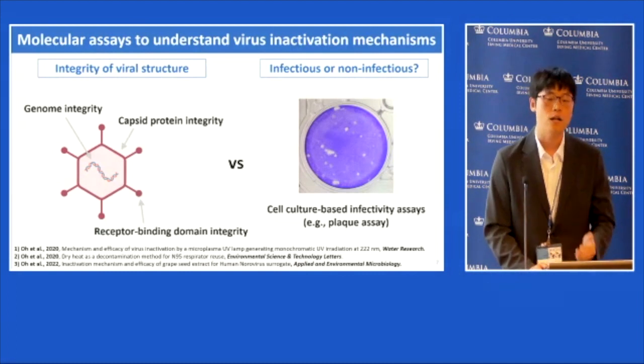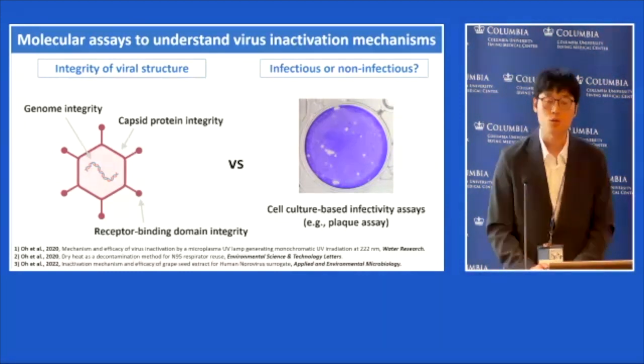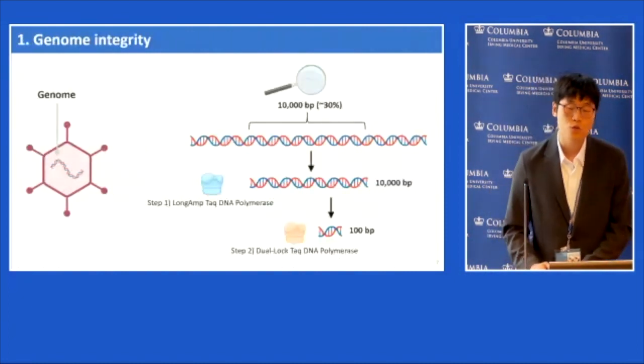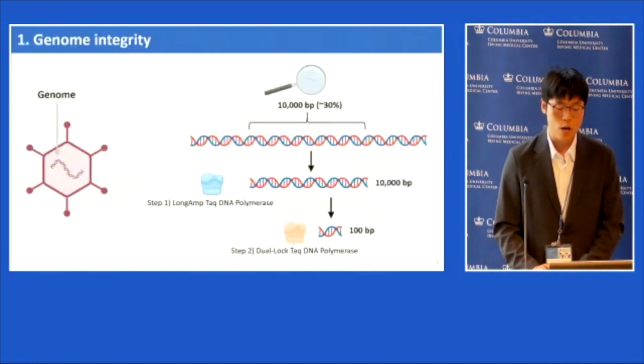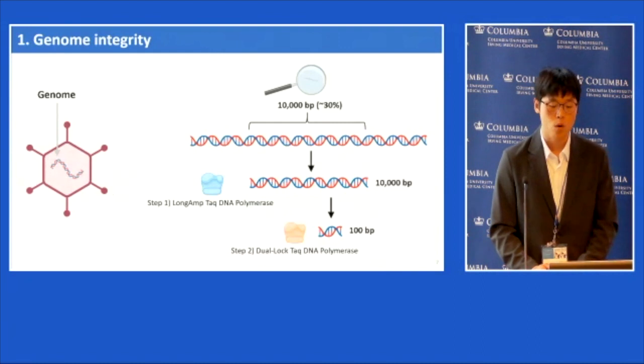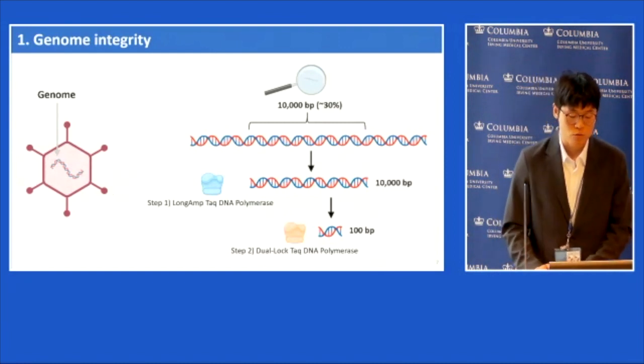In the following slides, I will briefly introduce how each molecular assay allows us to understand the integrity of each virus structure. First, we developed an assay that can quantify a 10,000 base pair long genome, which accounts for about 30% of the complete adenovirus genome. In this assay, we use two types of polymerases.